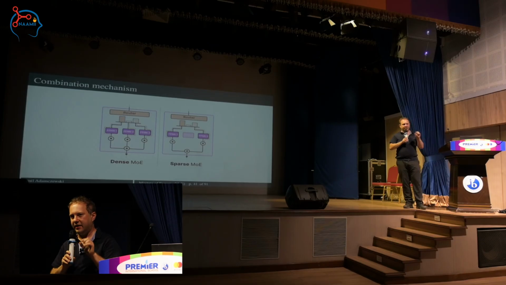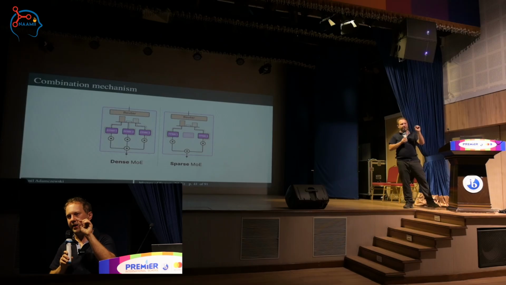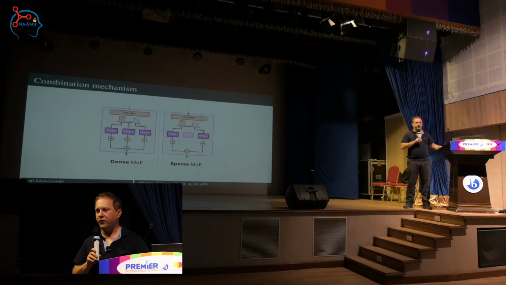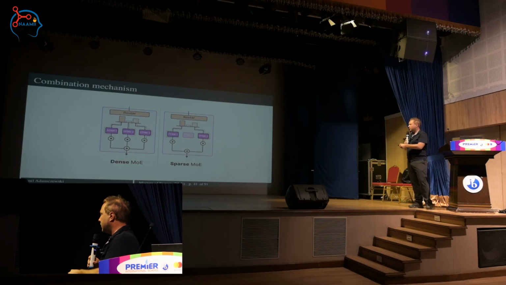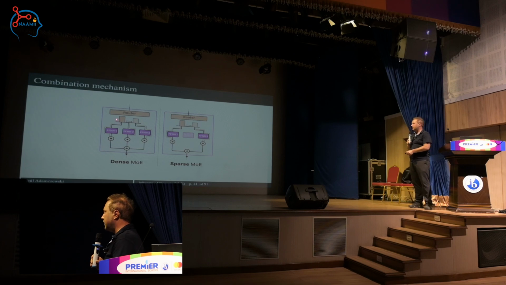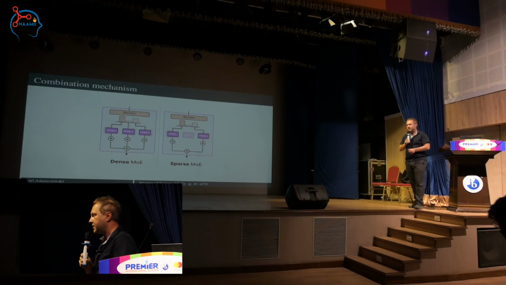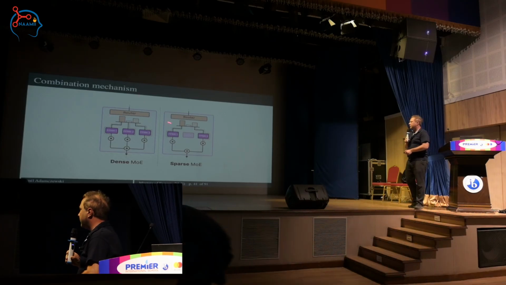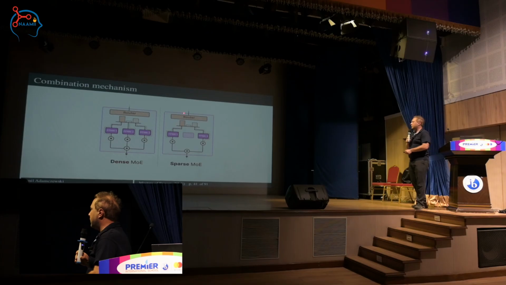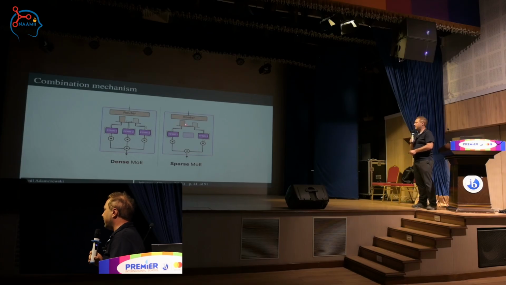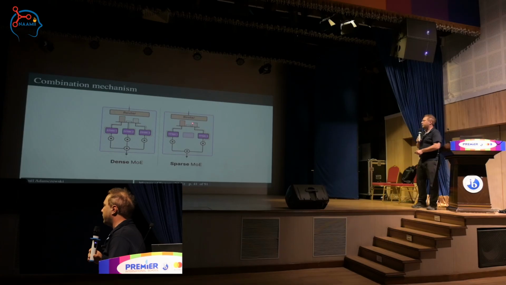So at inference time, we only run the input through this gating mechanism, which is a small layer, and that layer will output probabilities. So there will be some input, and the output will be, say, 0.6, 0.3, and 0.1.